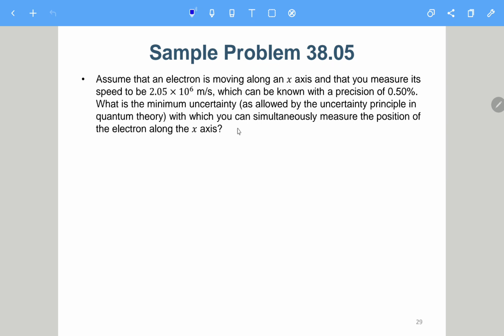Okay, so we have px equal to m times vx, because here it tells you the speed along the x-axis, and it is an electron, so its mass is 9.11 times 10 to the minus 31 kilograms, times vx, which is 2.05 times 10 to the 6th power.